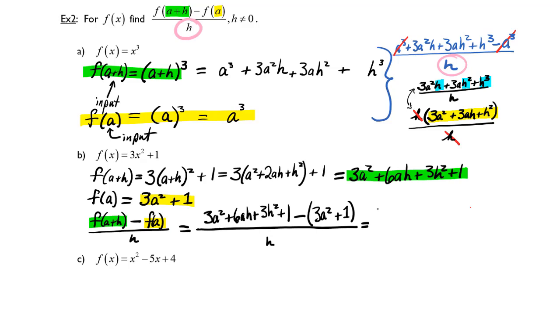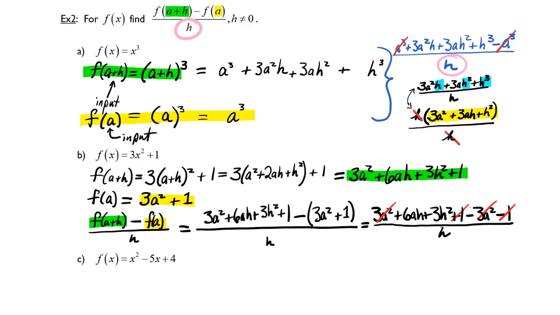Distributing the negative, I will have 3a squared plus 6ah plus 3h squared plus 1 minus 3a squared minus 1. My 3a squareds add to 0, and my 1's add to 0. This is still all over h.